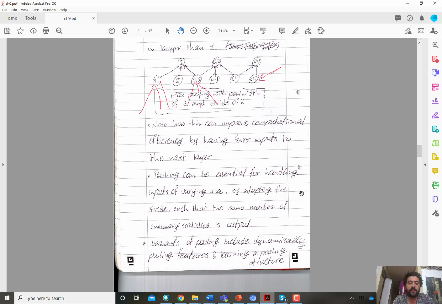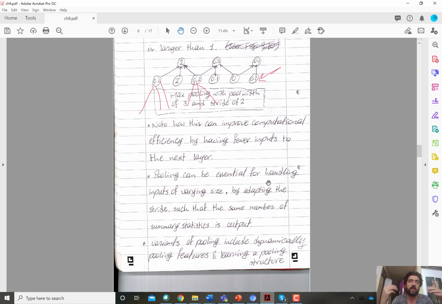Now, a few more comments before we finalize, basically about this stride. Pooling with a stride could be essential for handling varying input size. As you will see later in this section, one of the advantages of convolutional layers is that a convolutional neural network can adapt to varying input size, and we'll see later when that is appropriate and when it is not.